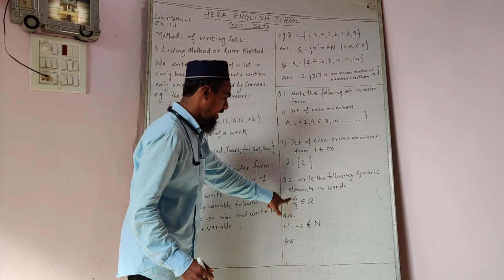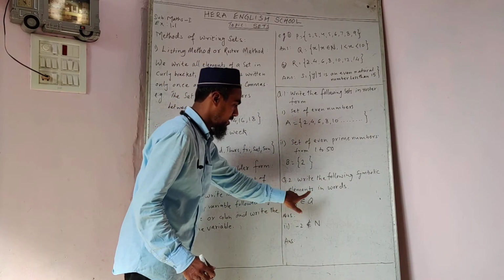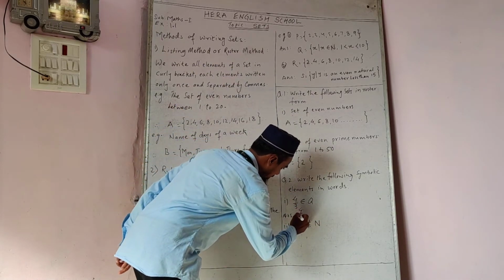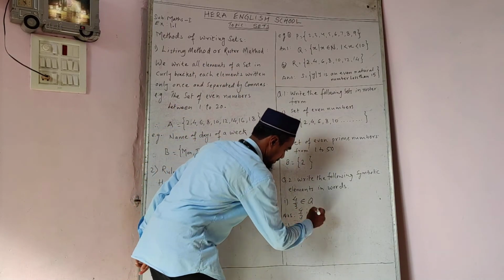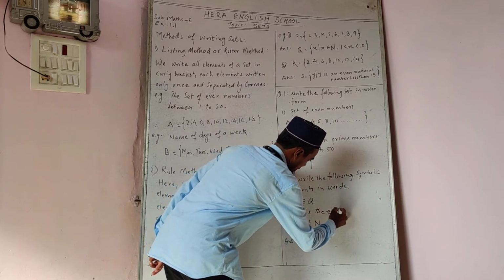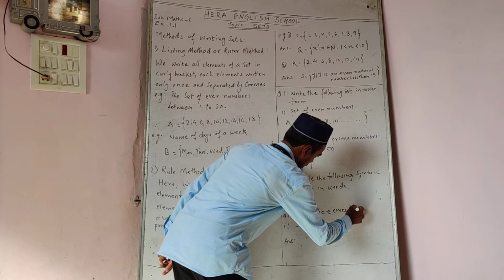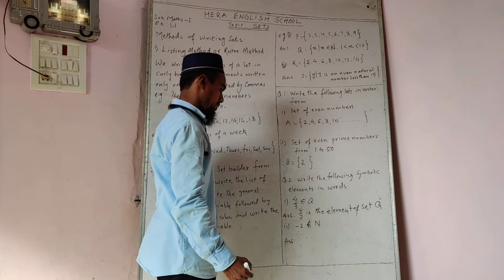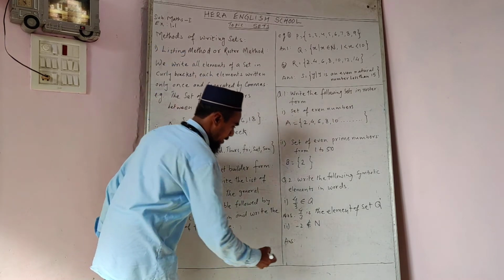Now we can write this: 4 upon 3 is the element of set Q.